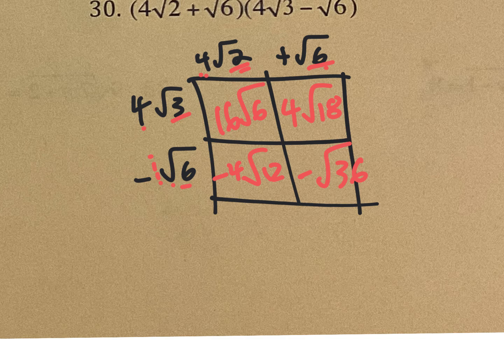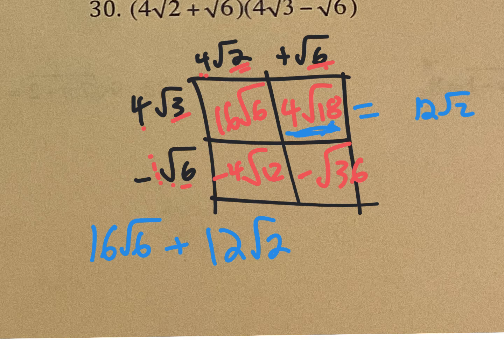Okay, I got 16 square root of 6 plus, actually this is going to be, I'm looking at this right here, that's actually going to be 12 square root of 2 if I simplify it.